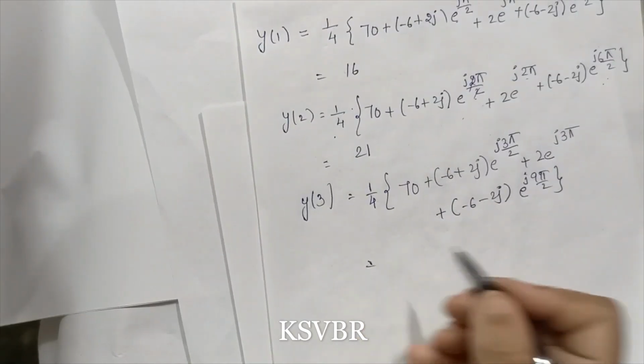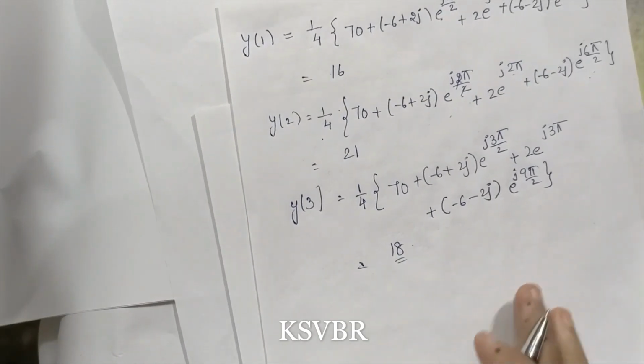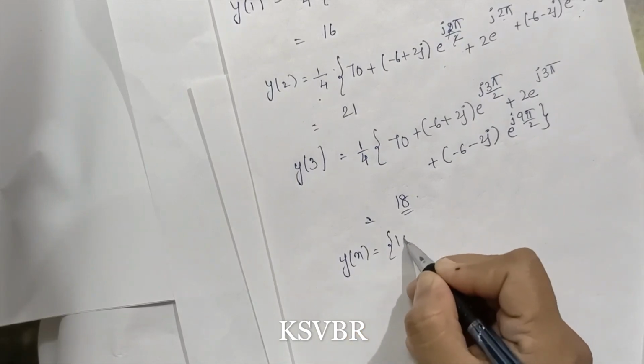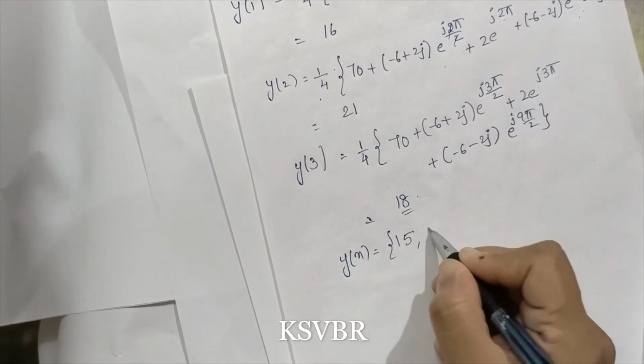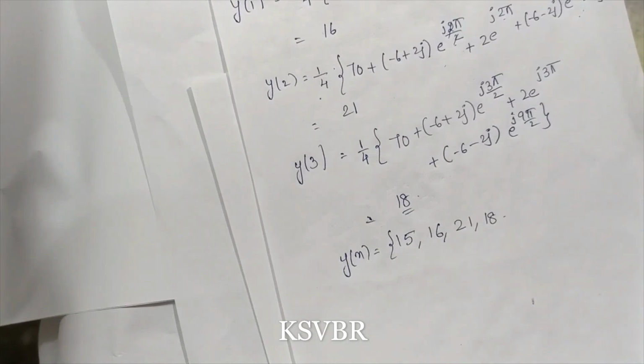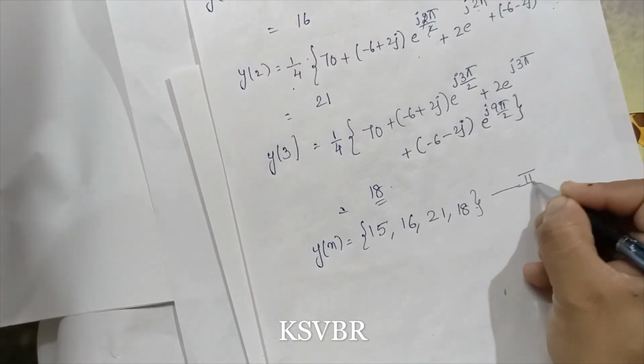When you solve in your calculator, it will come as 18. So y(n) is equal to 15, 16, 21, 18. Okay, so this is equation Roman 2.